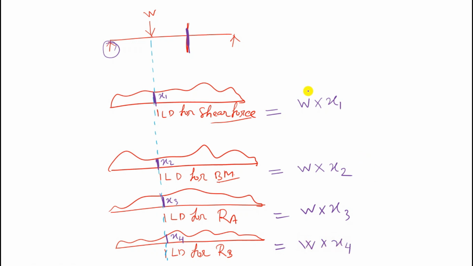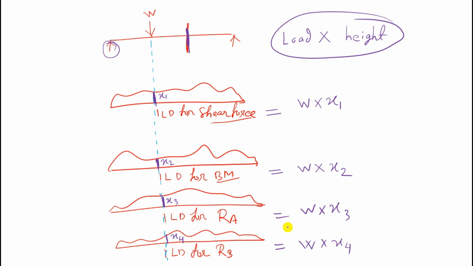So the general formula is like that: load multiplied by height. The load is fixed. For all cases you can see the load is W. But the height changes. When you calculate the shear force value, the height is x1.